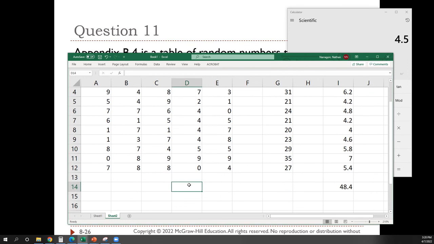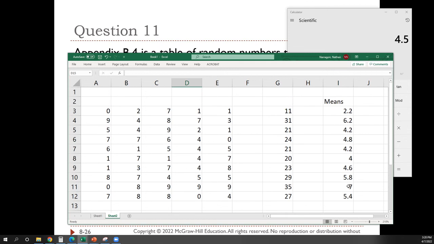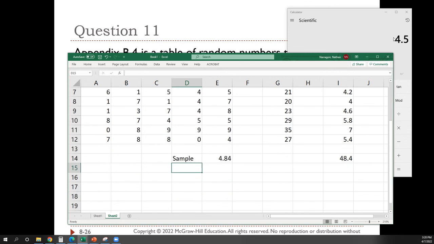So the sample mean as itself will equal the 48.4 divided by our number of rows, which makes it 4.84, which is close to our population mean of 4.5.